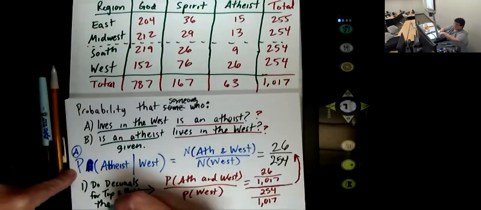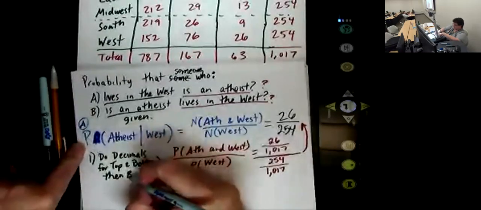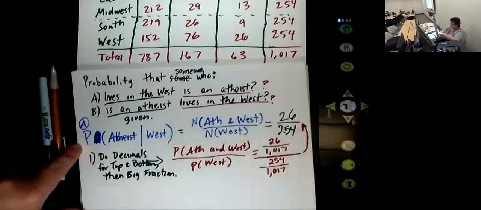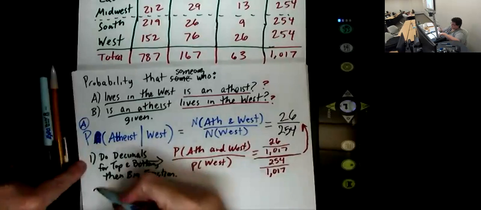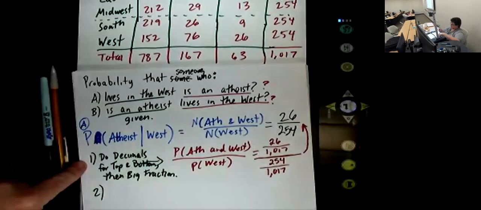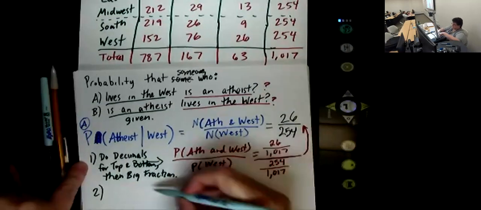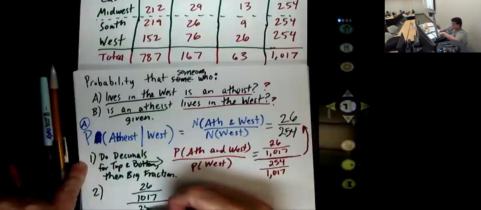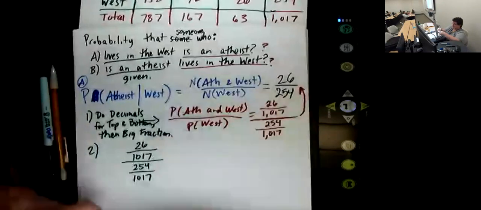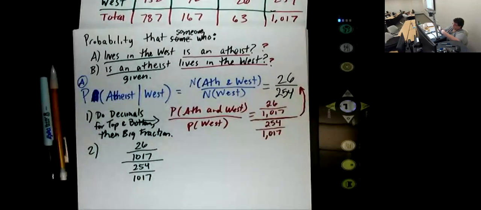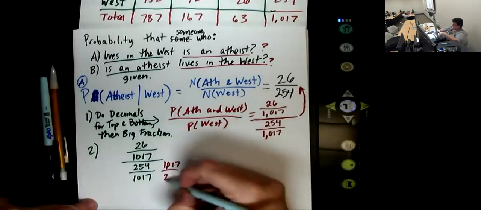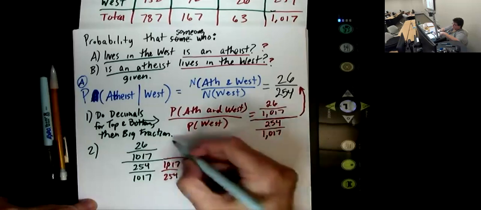Then the big fraction. Or option two, you can multiply by the reciprocal. This requires remembering how to do a little bit of math. You multiply the bottom fraction by its upside down part, and you do that on top too.